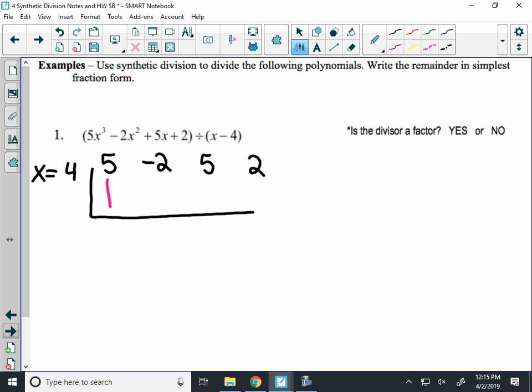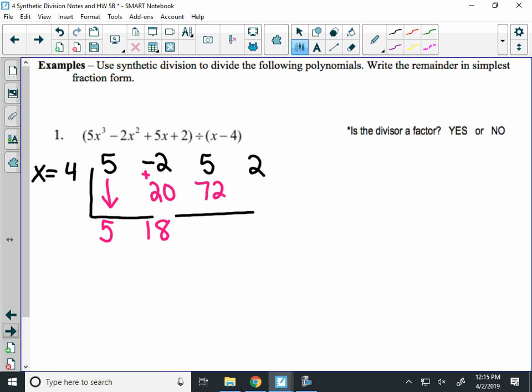All right, so the process is going to be the same. I bring down the 5. 5 times 4 is 20, not 40. I don't know where I got 4 from. 20. And I add those together, which gives me 18. Might need a calculator here. 18 times 4, 72, yeah.